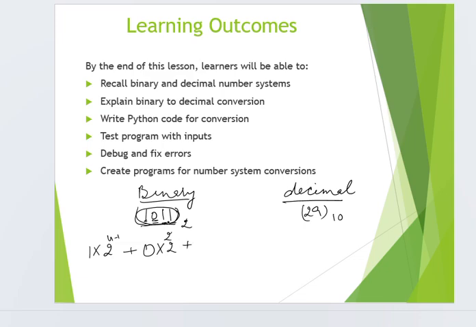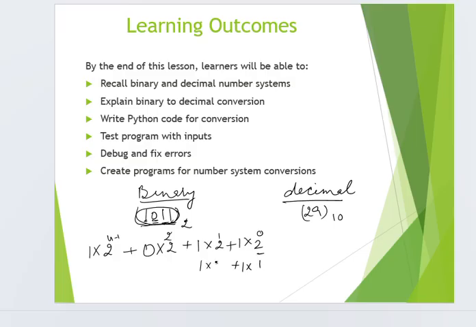Then the third digit from the left hand side, 1 into 2 to the power 1, and then the last digit, 1 into 2 to the power 0. We know that anything raised to power 0 is 1. So this last term will become 1.